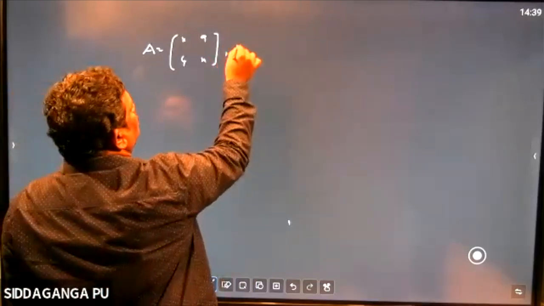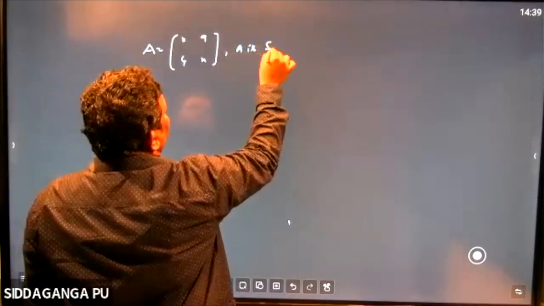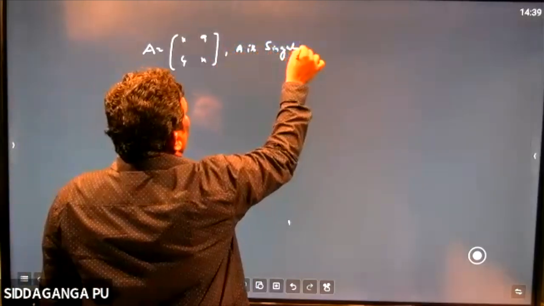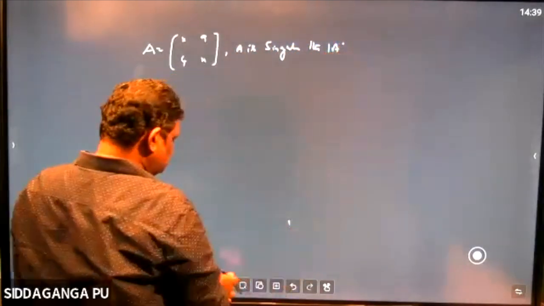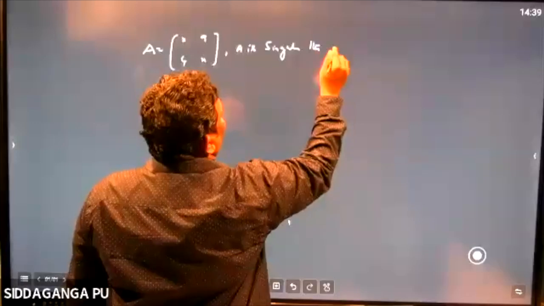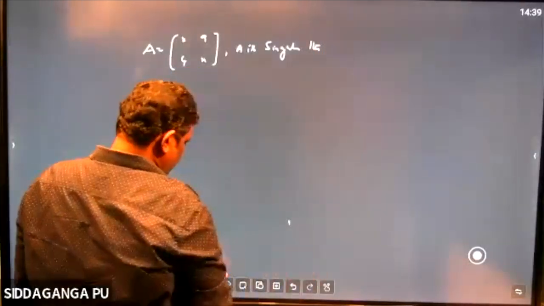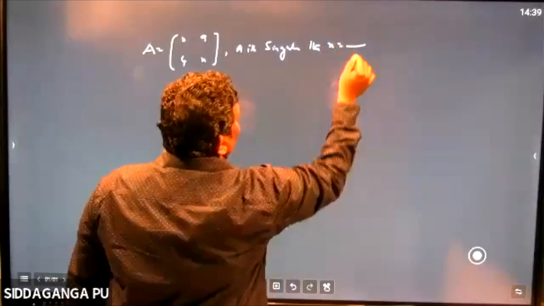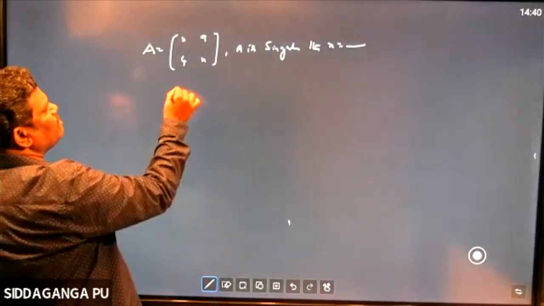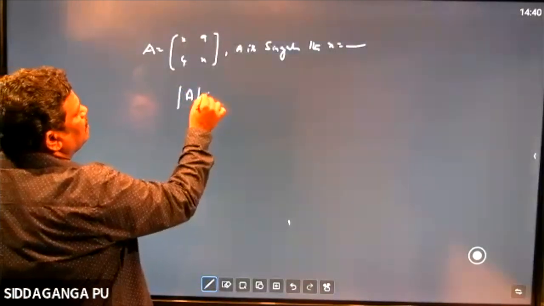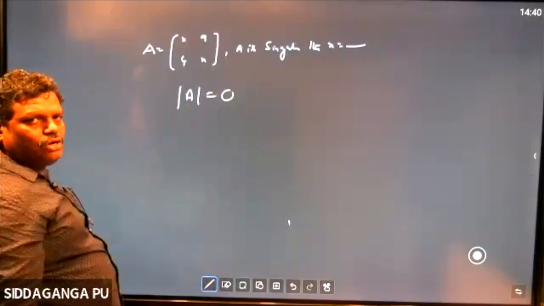A is singular, then x is equal to what? How to calculate that x value? We can take the singular matrix condition, det A equal to 0.